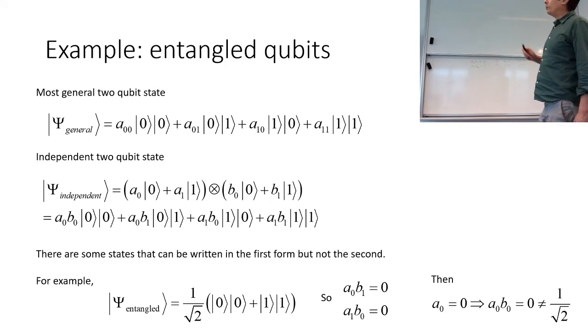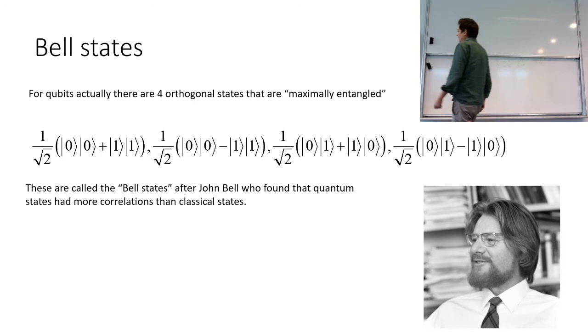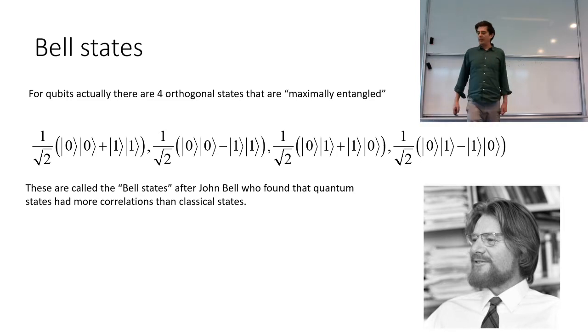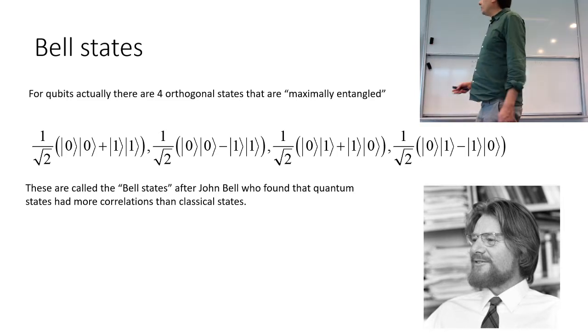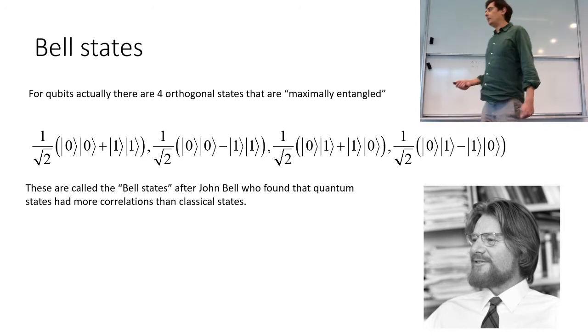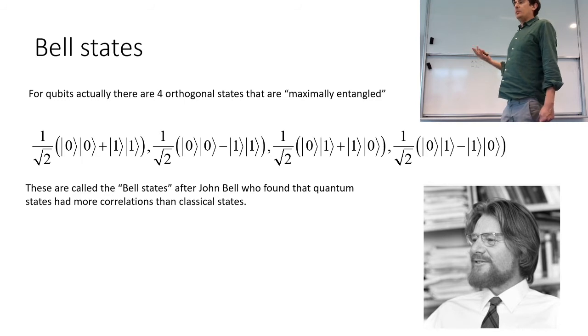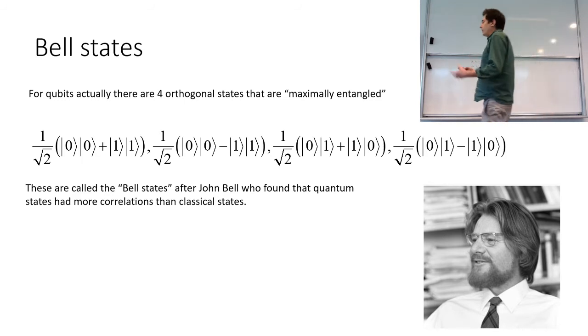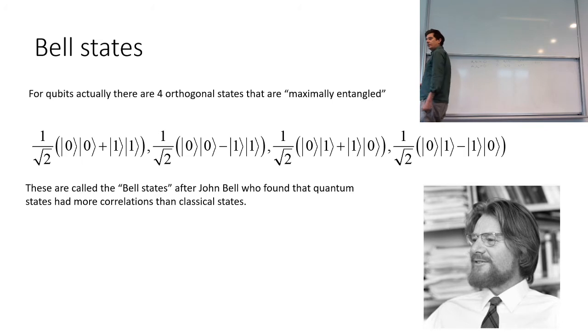There are four special entangled states named after this guy, John Bell. These are so-called maximally entangled states, because, and we're not really going to get into it so much in this course, you can also quantify, give an actual numerical value to how much entanglement a particular state has. And it so happens that these ones have the most amount of entanglement.